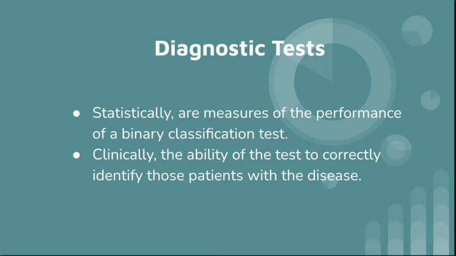For example, does the patient really have the disease or not? Two possible outcomes only. Another example, COVID rapid test kit. How accurate is that rapid test kit in identifying whether the patient really is infected with COVID-19? Another example is identifying whether a woman is pregnant or not. How accurate is that pregnancy test kit in identifying whether a woman really is pregnant or not?